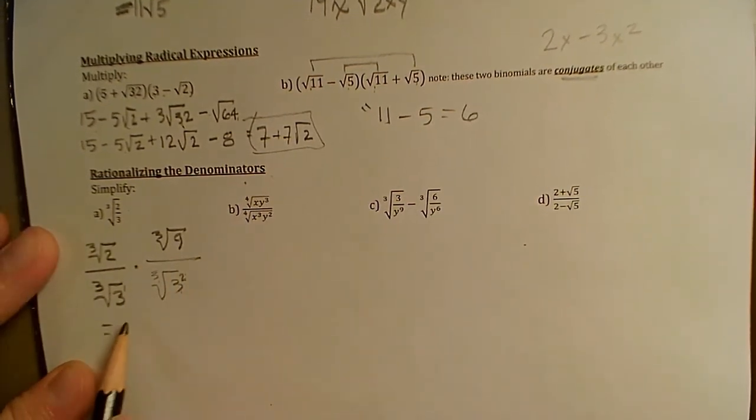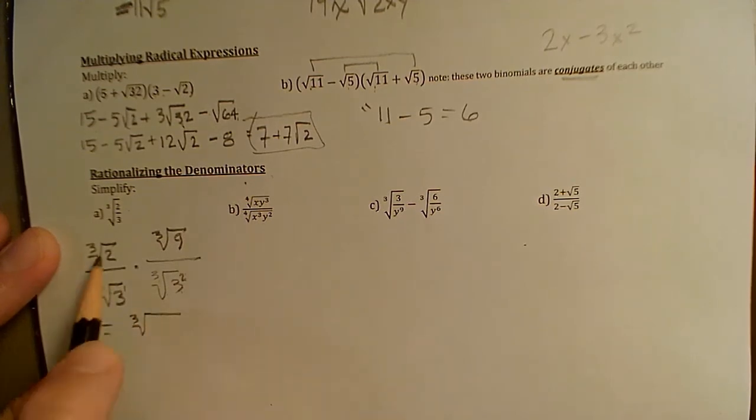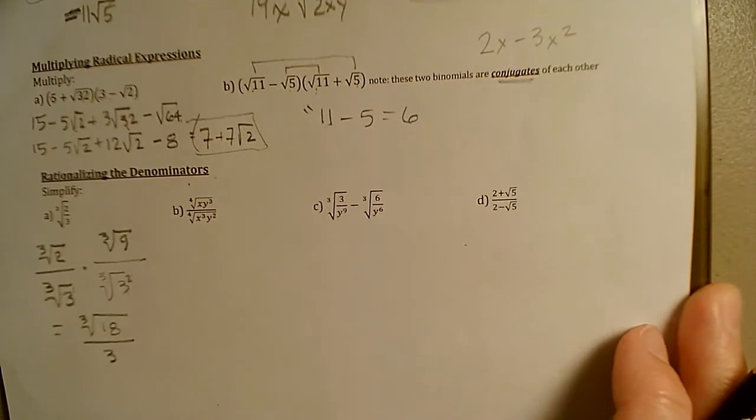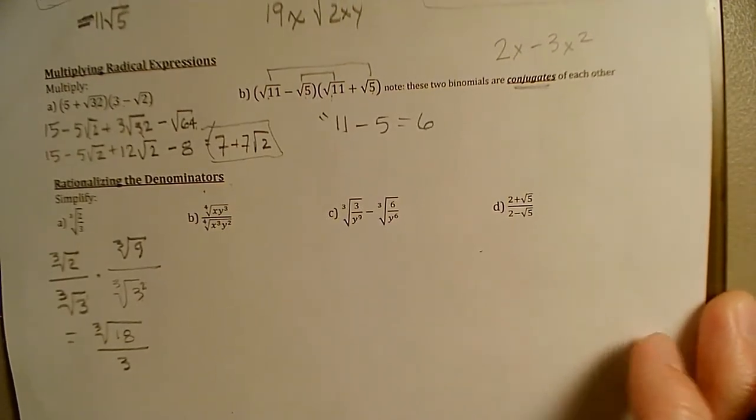All right, and so this becomes the cube root of 9 times 2 is 18 over just a normal 3. And so that's what allowed us to get rid of the cube root. So just be careful. You're used to maybe rationalizing denominators with radicals that are square roots. But remember, we've moved on from just square roots. We also deal with cube roots and fourth roots and so forth.